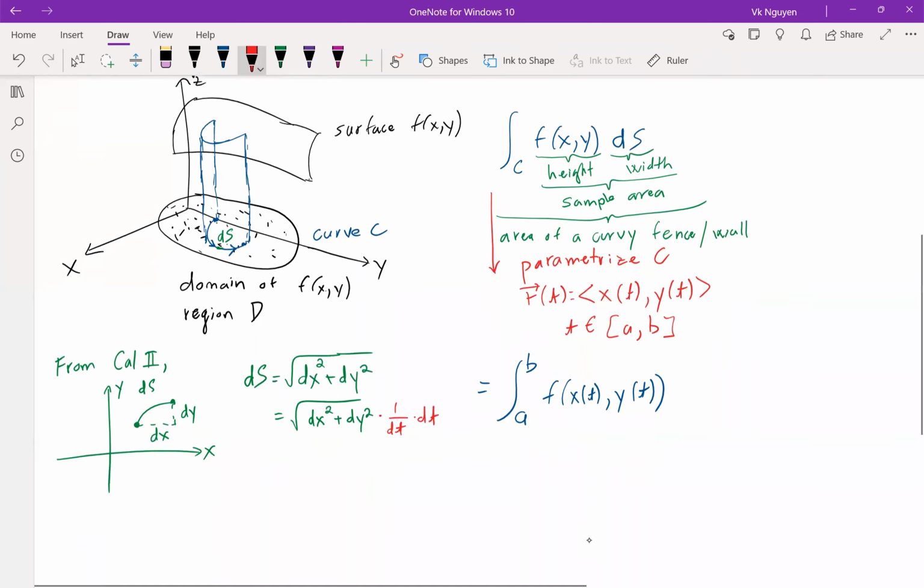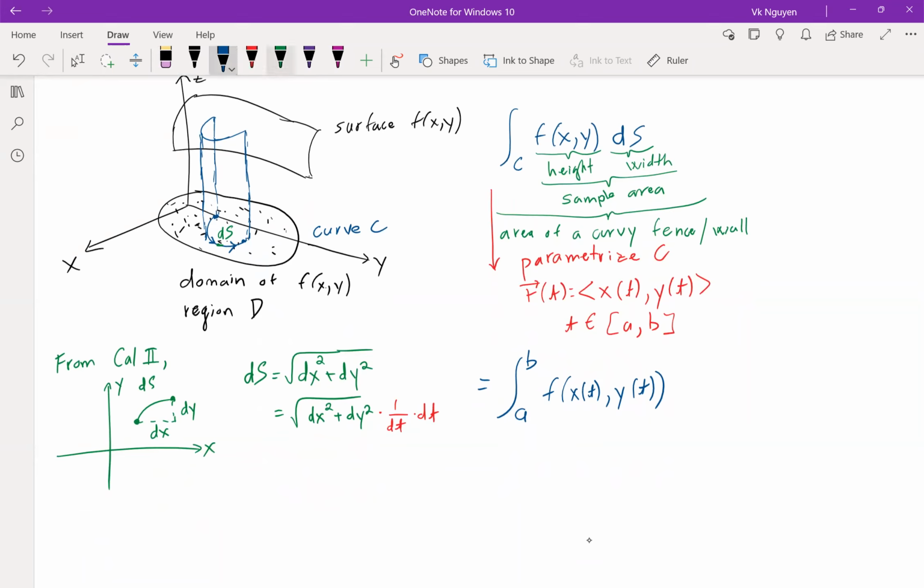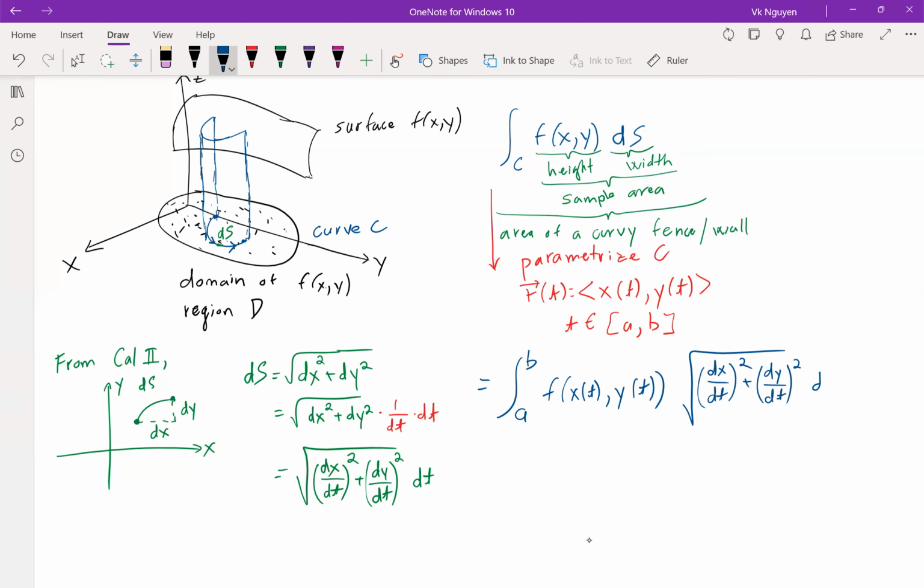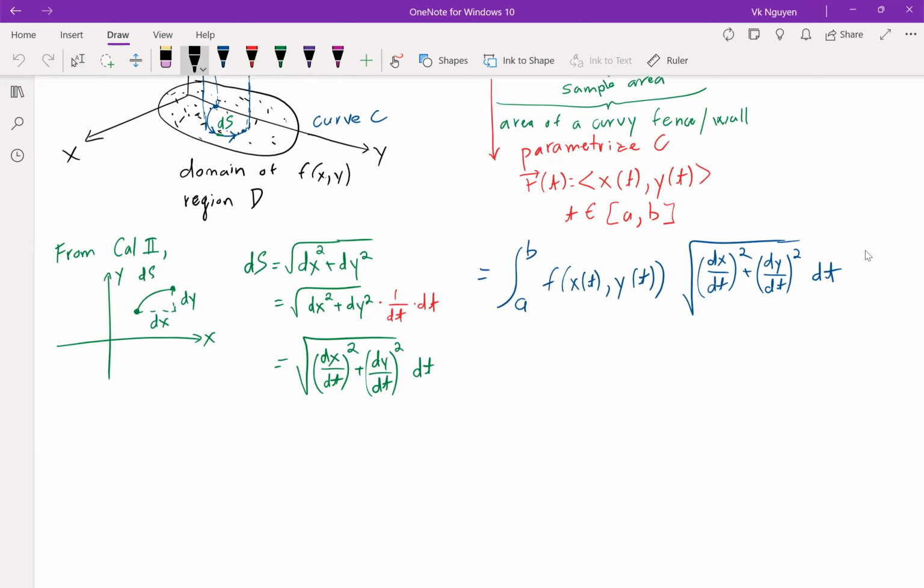So this one is actually equal to the root of (dx/dt) squared plus (dy/dt) squared, times dt. So that is the ds right there: root of (dx/dt) squared plus (dy/dt) squared dt.